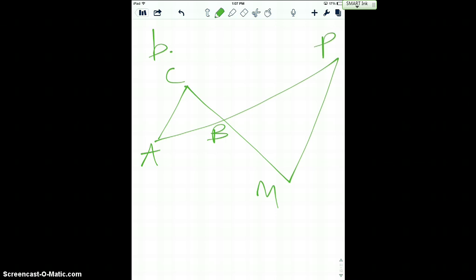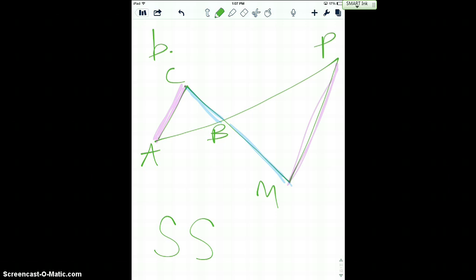And it tells us that CA goes with PM, just as CB goes with MB. So we have 2 sets of sides that are proportional. Could I say these 2 triangles are similar based on that information?